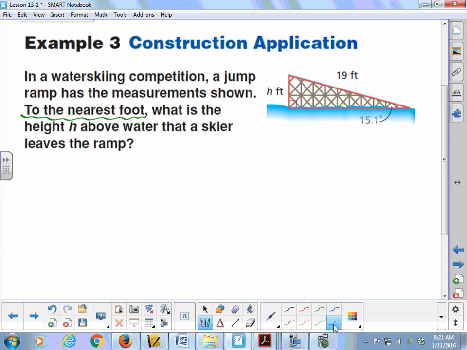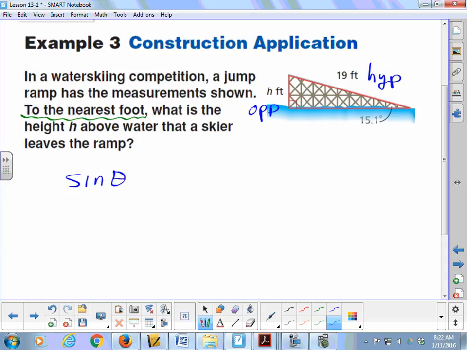So Jake, what's the 19 in this case? Which side? Okay, the hypotenuse. All right. So Daniel, what's the H then? Opposite. Yep, good. It's across from the angle that we know, so it's the opposite side. So they're nice to us.